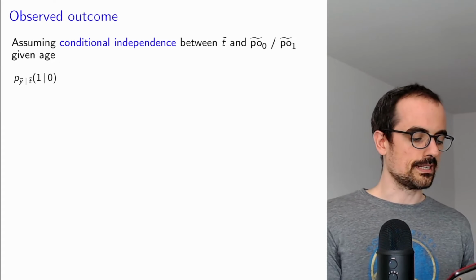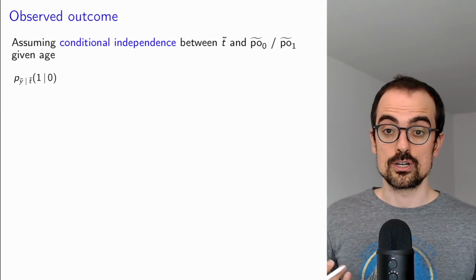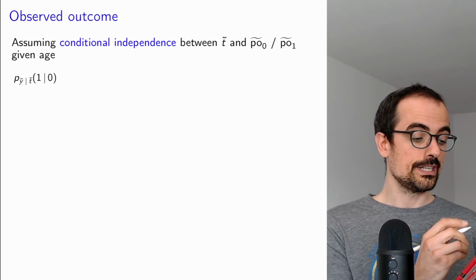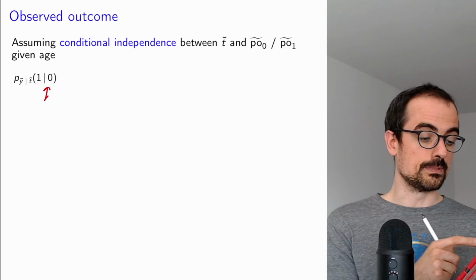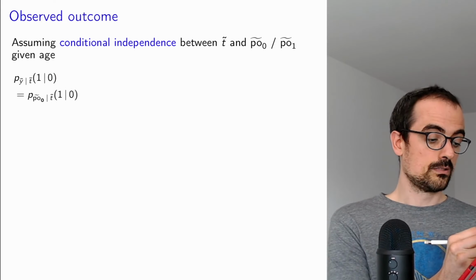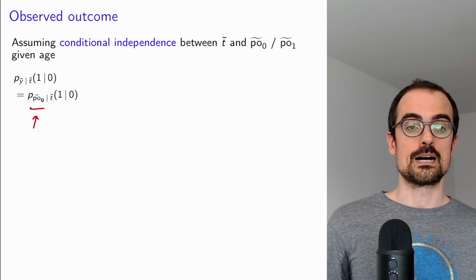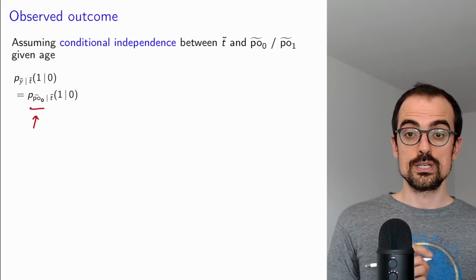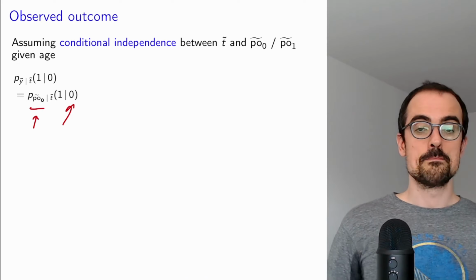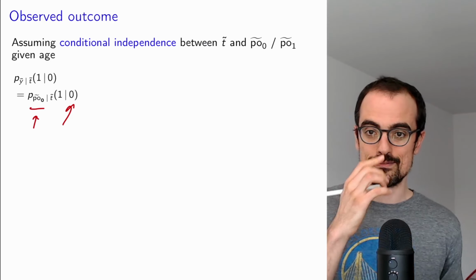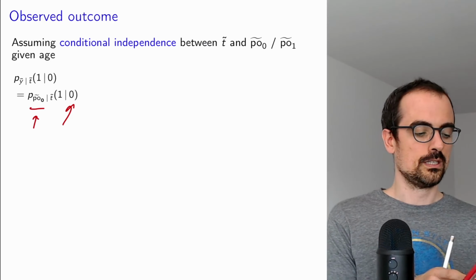So now let's take a look at the actual observed probability of recovery given that you don't receive treatment. This is equal to the potential outcome associated with no treatment, but conditioned on being in the control group, conditioned on not having received the treatment.